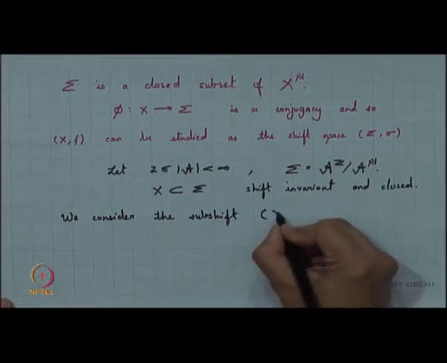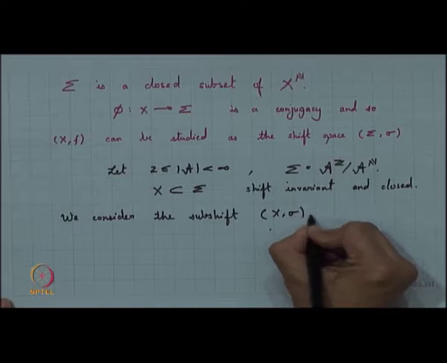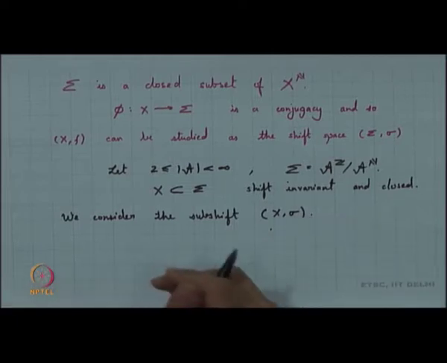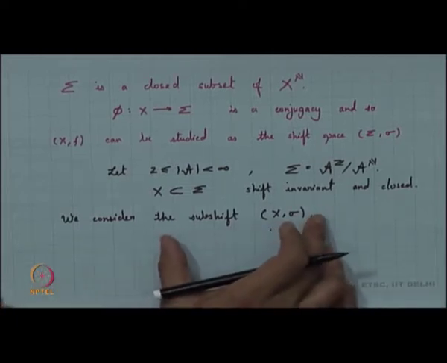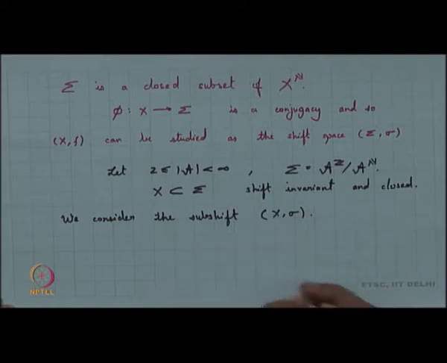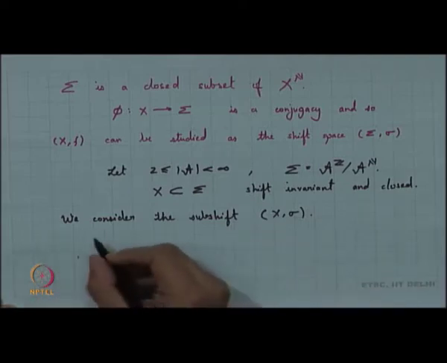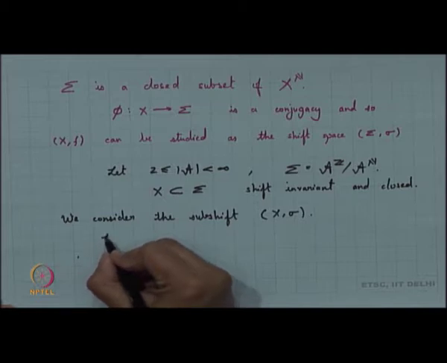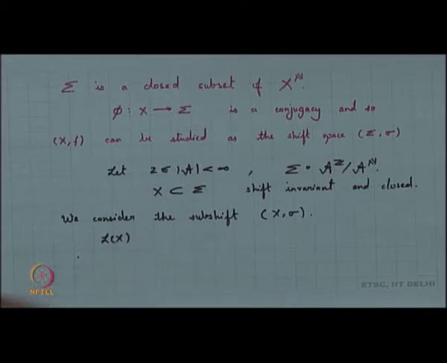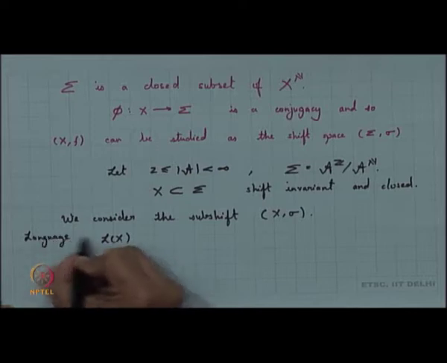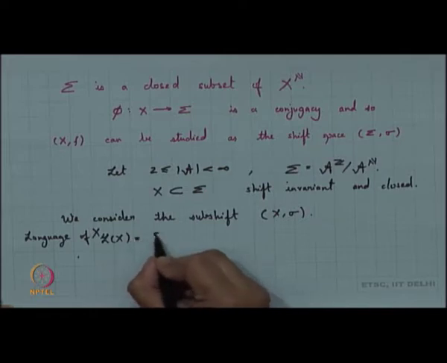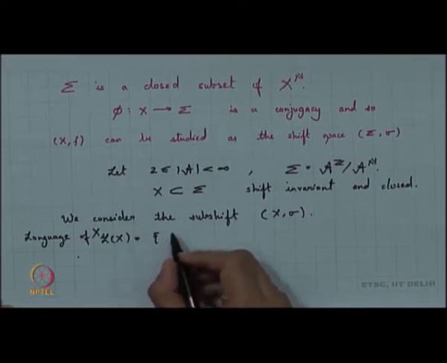The subshift is x sigma, and we recall we have already studied that any subshift will have a language. So, the language of x, which I can write as Lx, happens to be basically the collection of all distinct blocks.